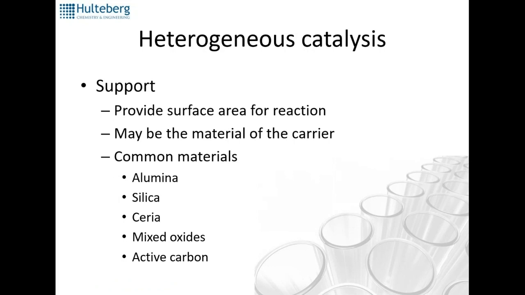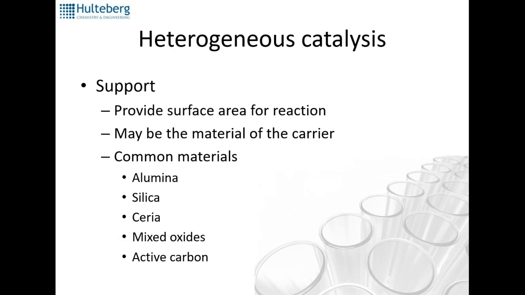The support, which is the second part of the catalyst, is what provides the surface area for the reaction. In order to have any type of reaction, we need somewhere where the reactants can meet and form products. The larger the surface area, the more space for those meetings.